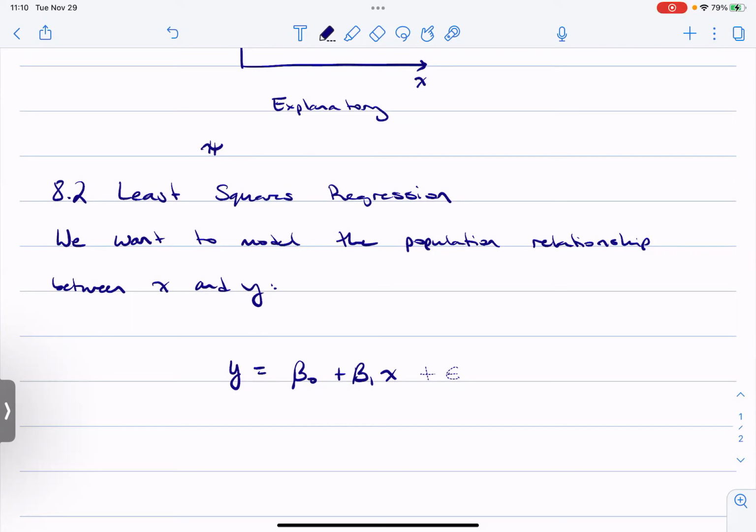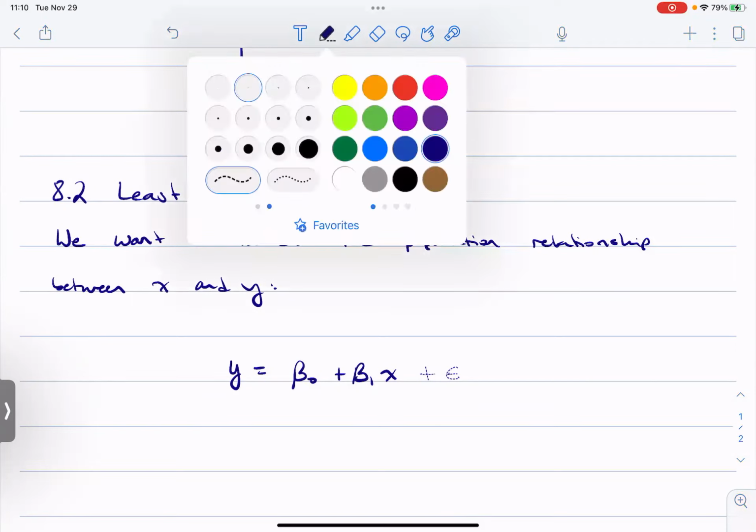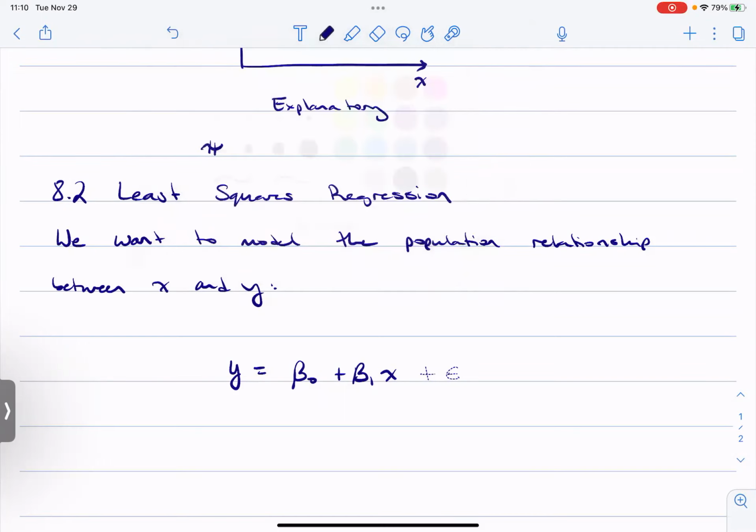It's technically there, you're good to ignore it, it's totally fine, but if you see it elsewhere, then it's the noise. Okay. So this line can only do so much, and then there are other factors at play, and that would be part of that error term.